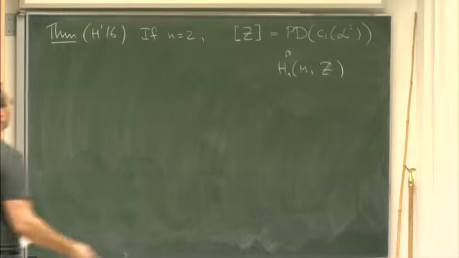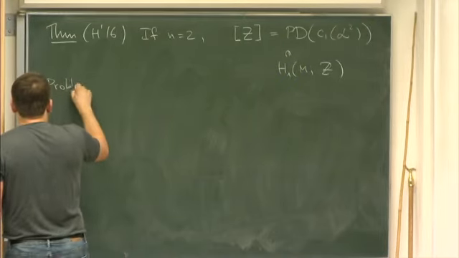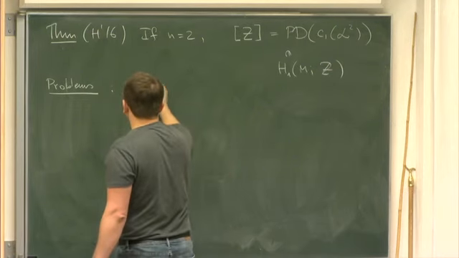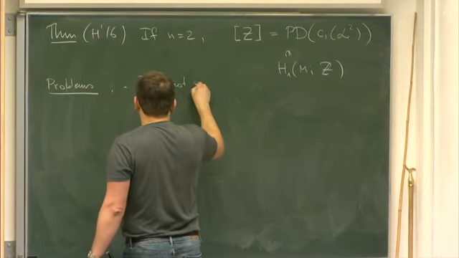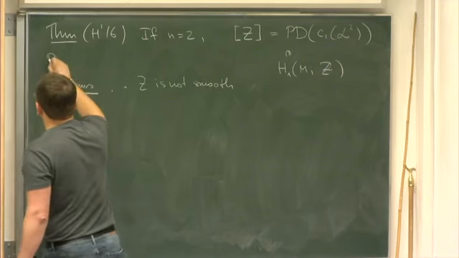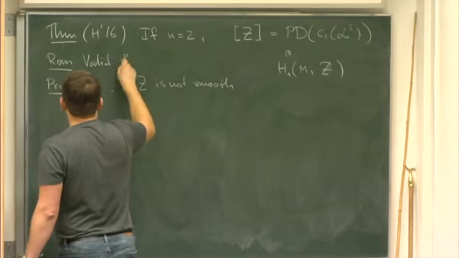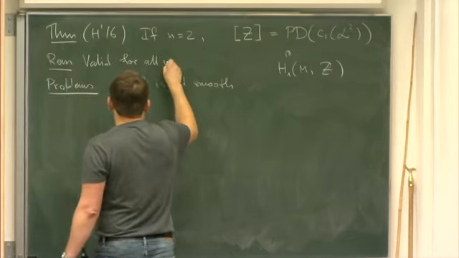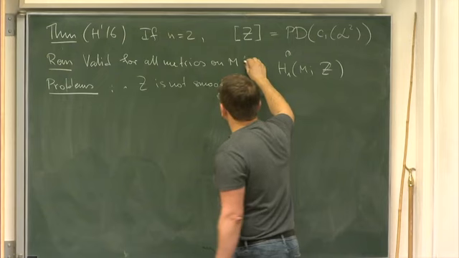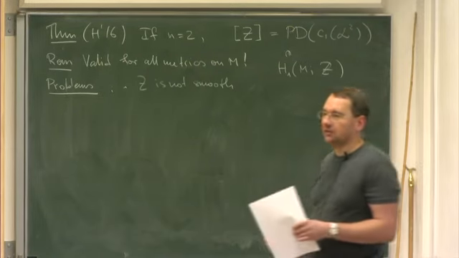Now maybe I will tell you which problems you have to deal with. First of all, Z is not smooth. A remark before that: this is valid for all metrics on M. There is no restriction on the metric on M, no assumption about genericity or whatever.